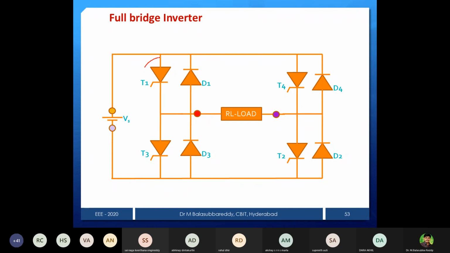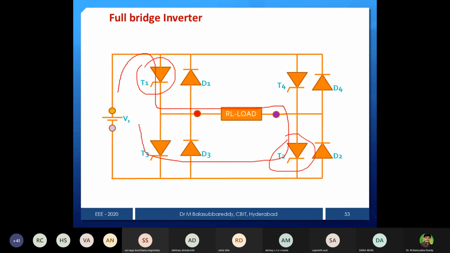Like that, you provide the firing pulse to T1 and also a pulse to T2. If both of these turn on, then what will happen? Current will pass like this. That's all.